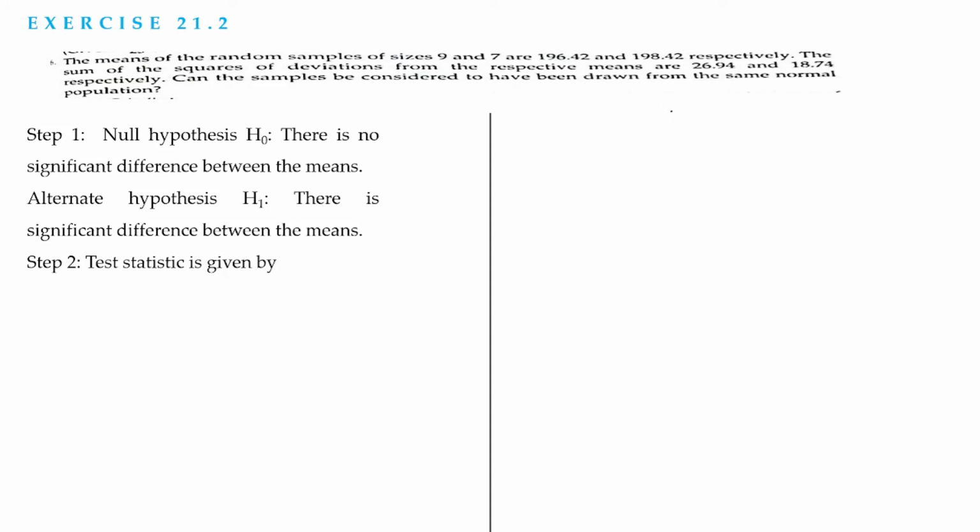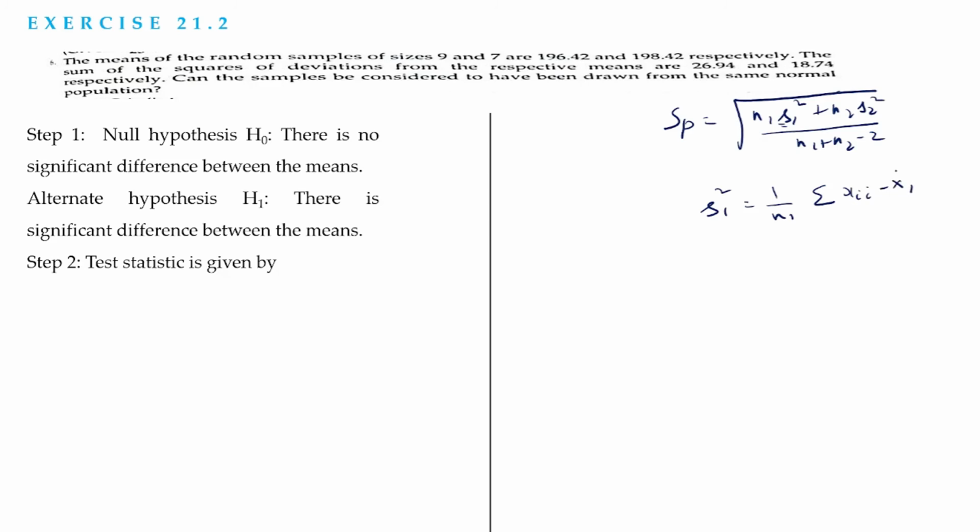Now for writing the test statistic, we need to find the pooled variance. It is given by sp equal to root of (n1 s1 square plus n2 s2 square) upon (n1 plus n2 minus 2). Now this s1 square is nothing but 1 by n1 into summation (x1i minus x1 bar) the whole square. Similarly for s2 also.